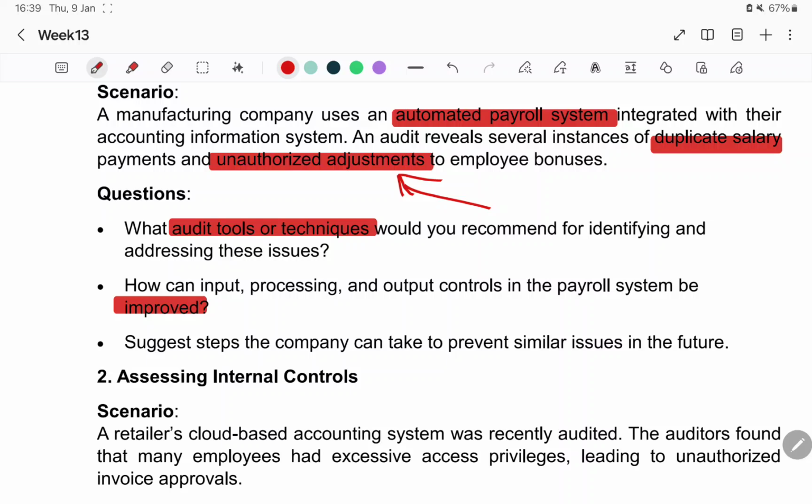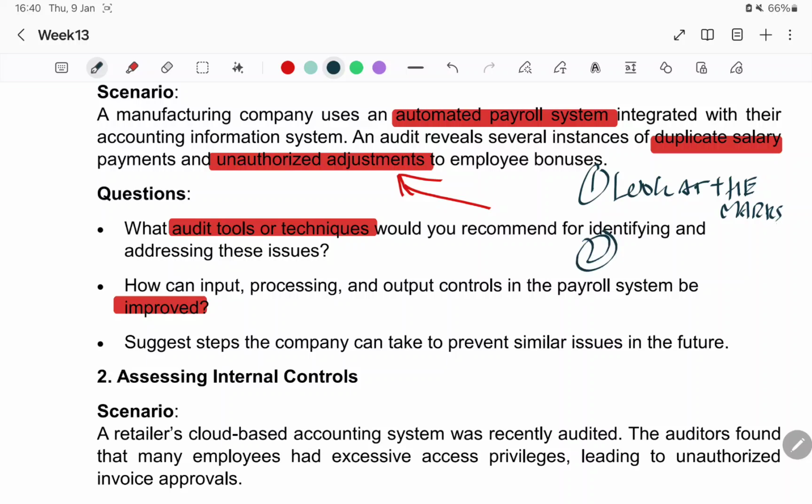Go back to the marks. How many marks are awarded? That's number one. I like this question. Number one, look at the marks. And then number two is the question.